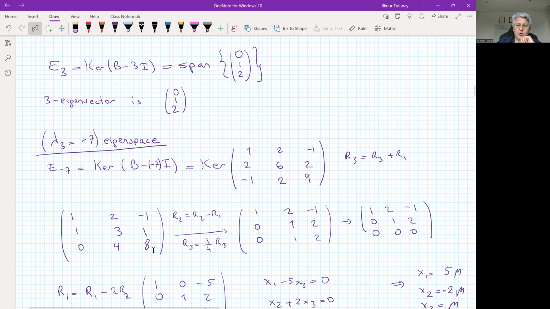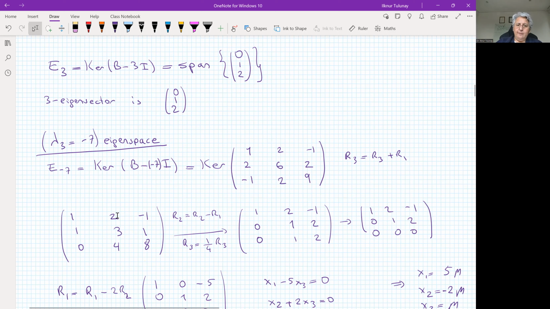This one plus this one will be 8. Now the second row, we divide by 2, because everything is even. That's 1, 3, 1. And multiply the first row by minus 1 and add to the second row. That will make this position 0. That's what we are aiming for.